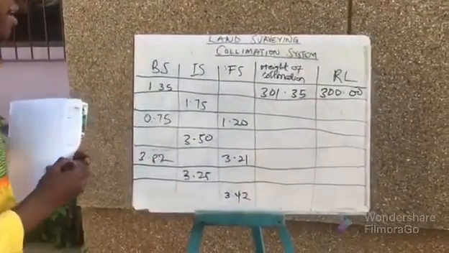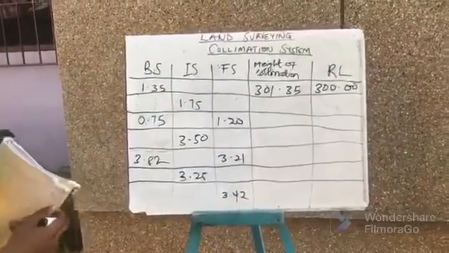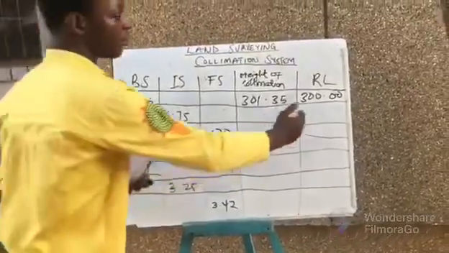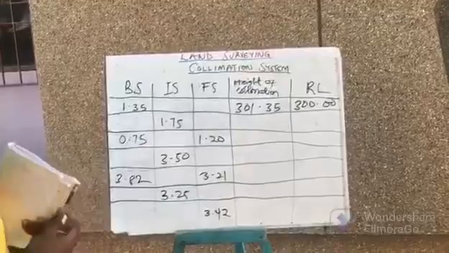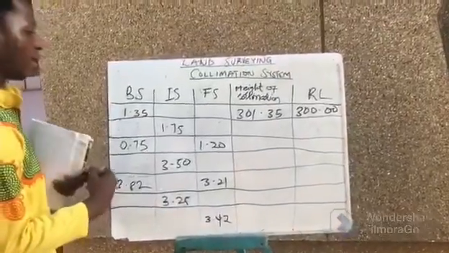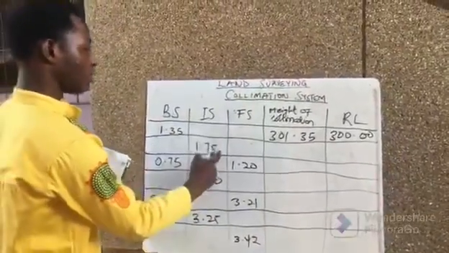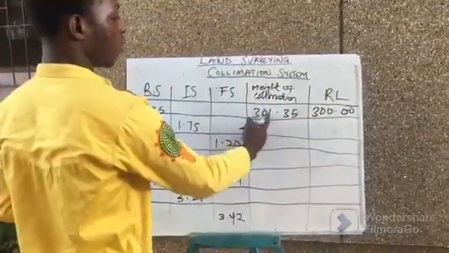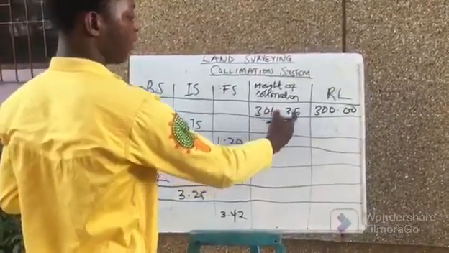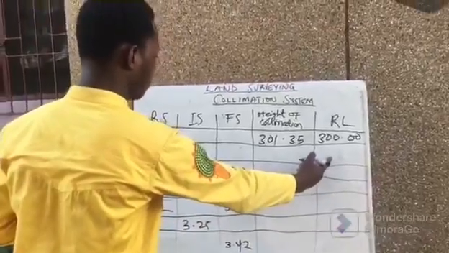After finding the first height of collimation, you have to find the rest of the reduced levels, and you find them by subtracting 1.75 from 301.35 to get the reduced level.